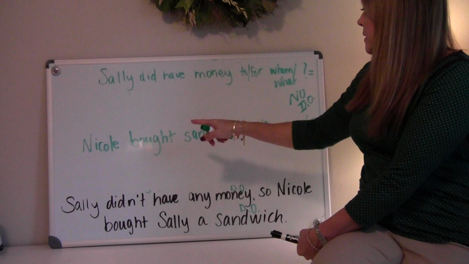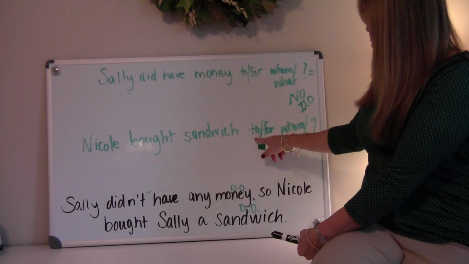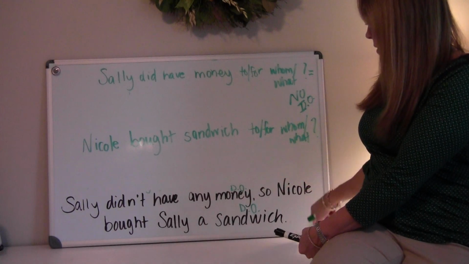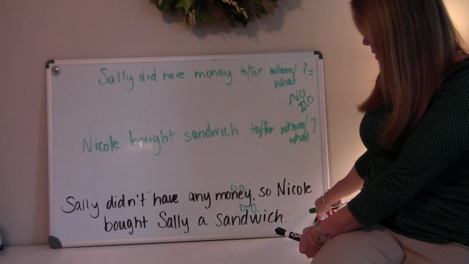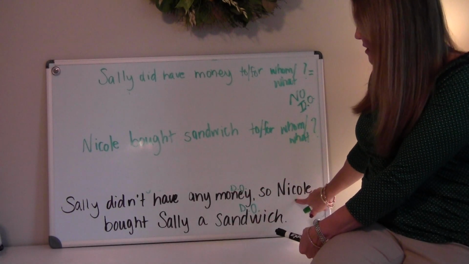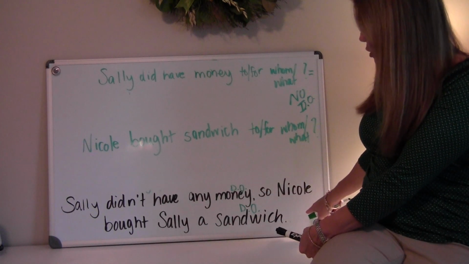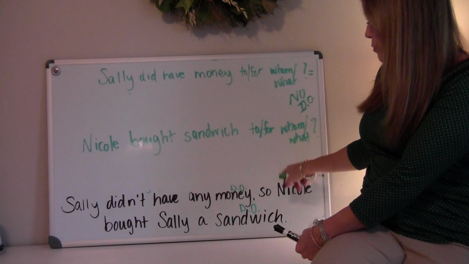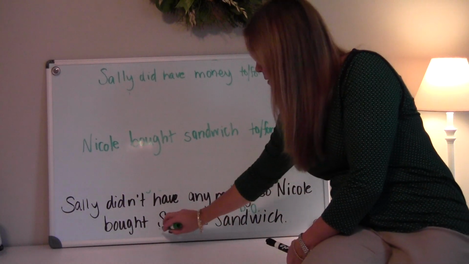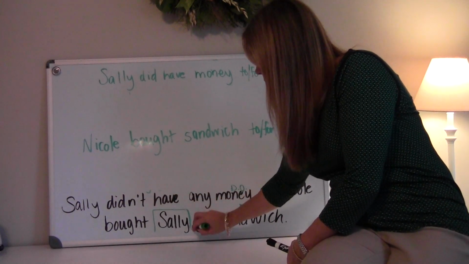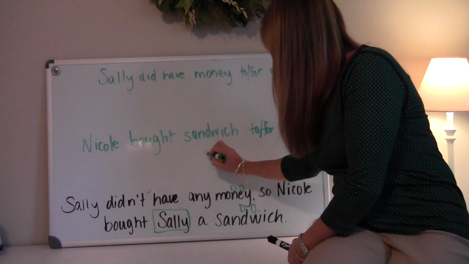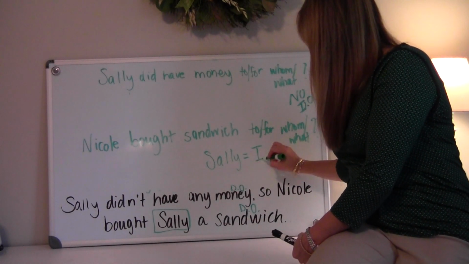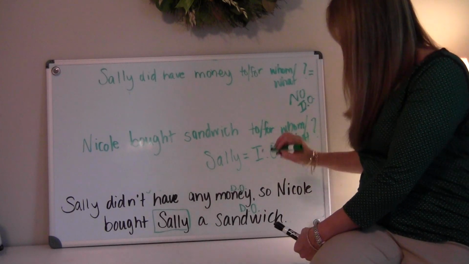Okay, Nicole bought sandwich to or for whom or to or for what? Is there a response when I look at my sentence? Nicole bought Sally a sandwich. Nicole bought sandwich for whom? Sally is the response. So Sally equals the indirect object.